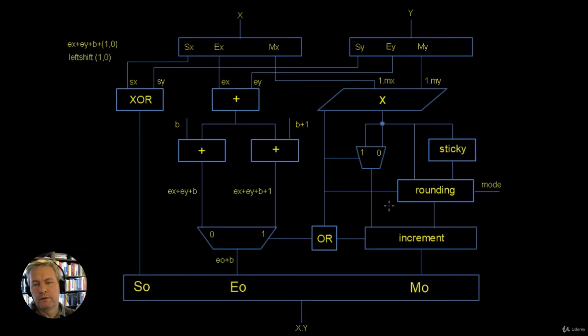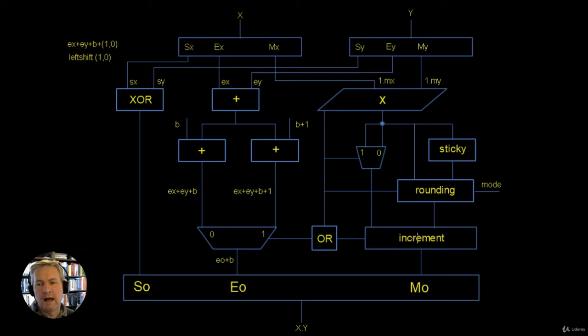Now I'm not going to go over the rounding again. You can have a look in the video on rounding, and see how this is working. But ultimately what's going to happen here is we're going to get an output which is either going to be a 1 or a 0. So it's going to tell us that we need to increment the 23 bits of the mantissa.